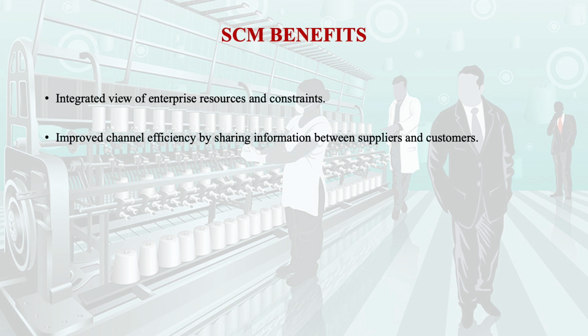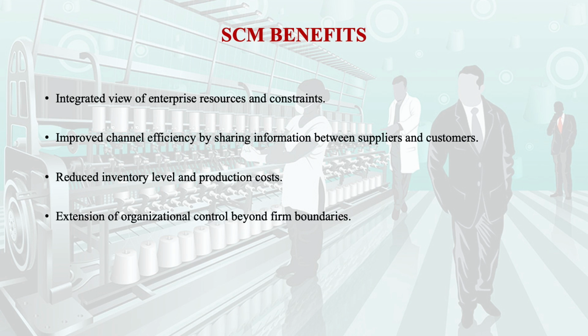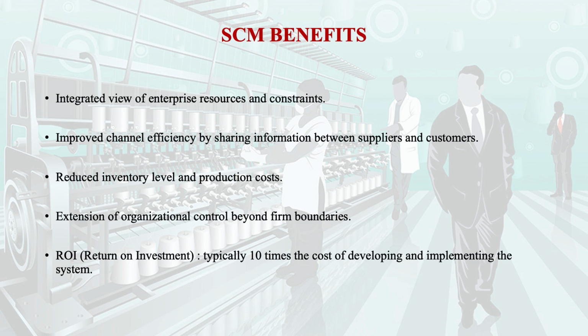Second, improved channel efficiency by sharing information between suppliers and customers, reduced inventory levels and production cost, extension of organizational control beyond the firm's boundaries, and ROI, return on investment, typically 10 times the cost of developing and implementing the system.